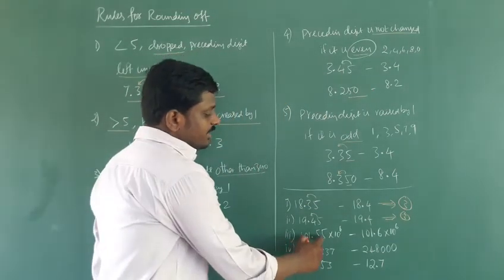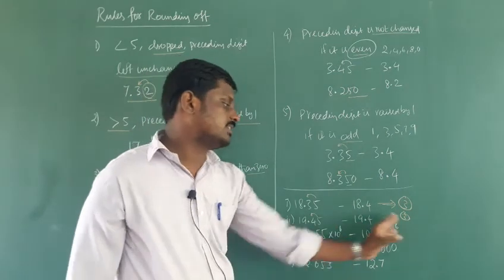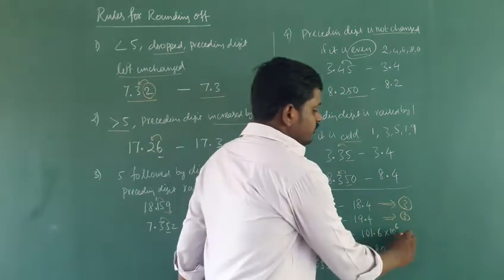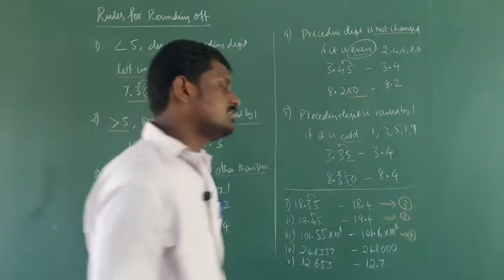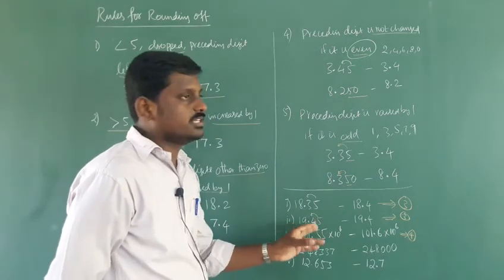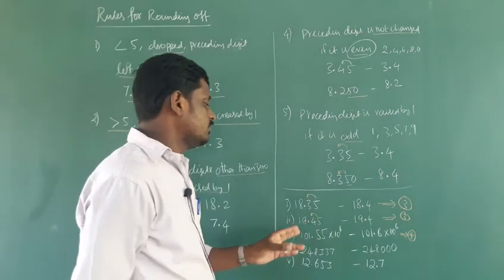Then 101.55 into 10 power 6. The 10 power 6 we leave. We round off to 4 significant figures, as given in the question itself. The number of significant figures, the meaningful numbers, should be 4.